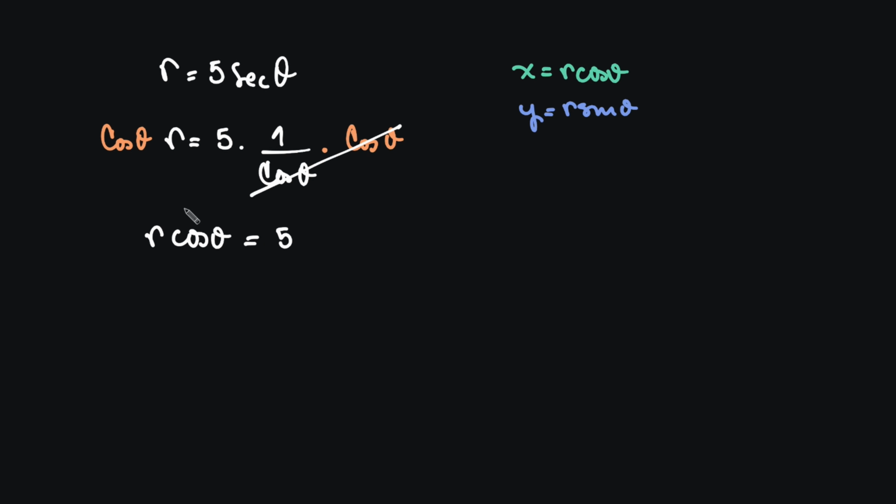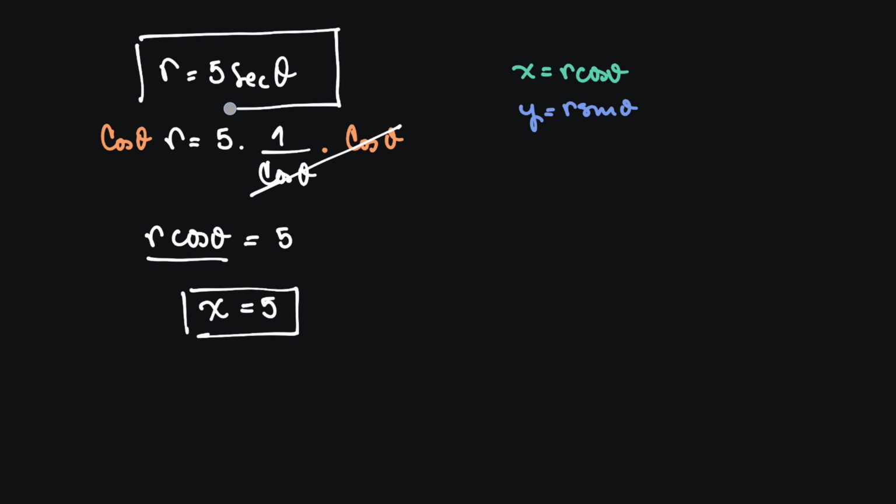So now we have r cosine of theta, but r cosine of theta is equal to x, so we can substitute this expression by x, so x will be equal to 5. All right, so this polar equation will be written as a rectangular equation in this form. x is equal to 5.